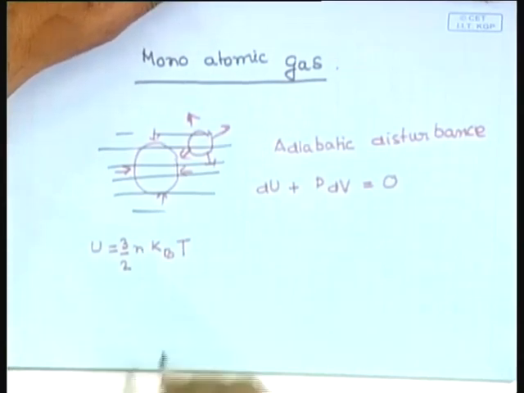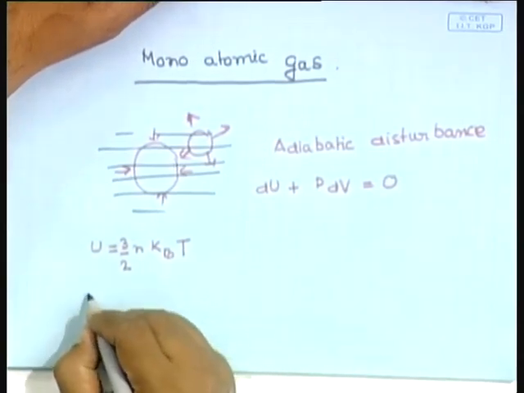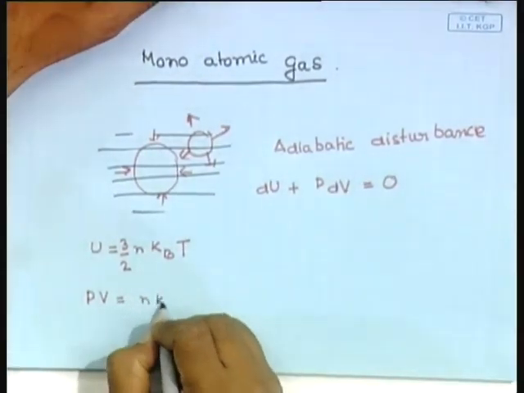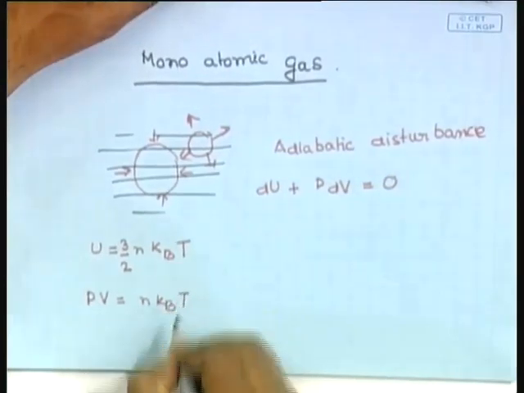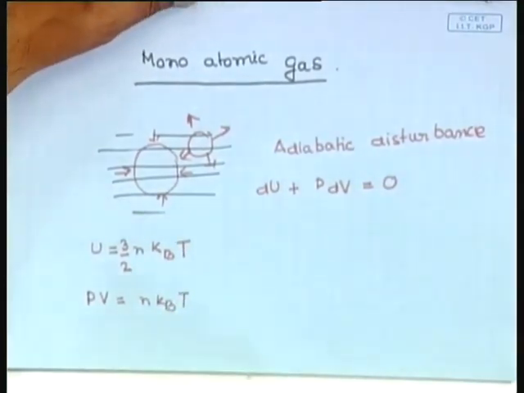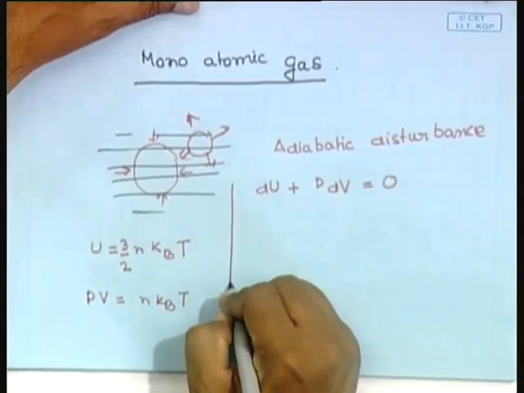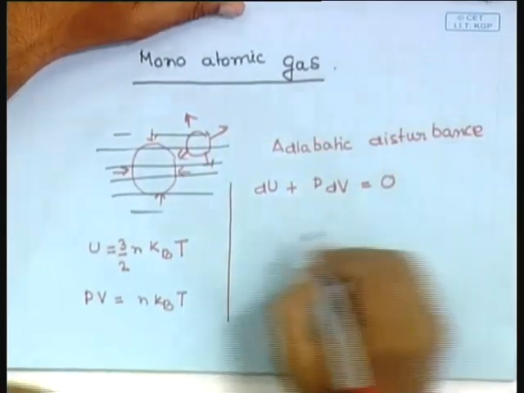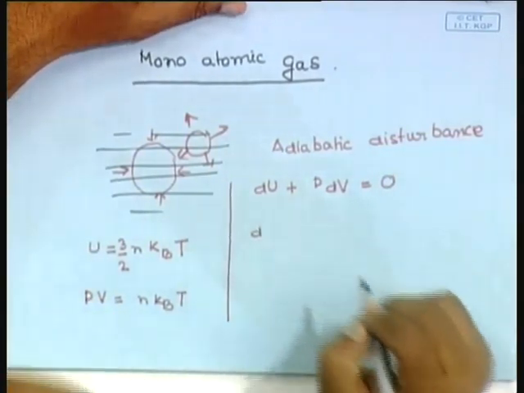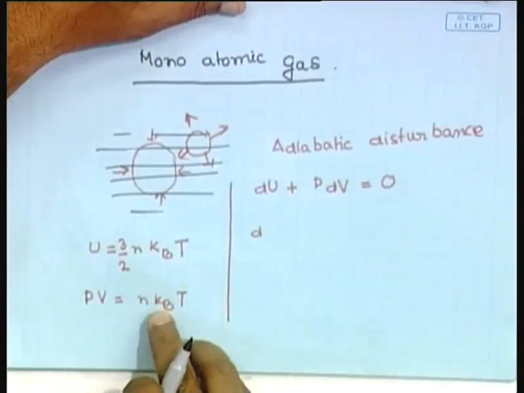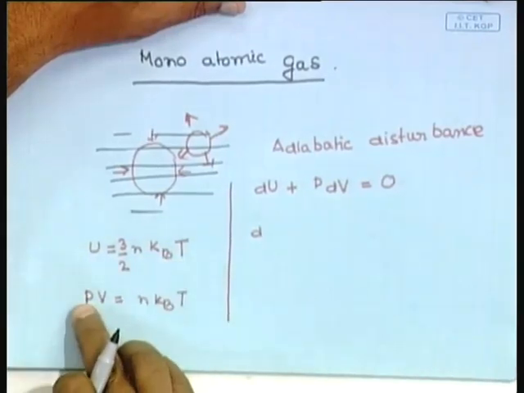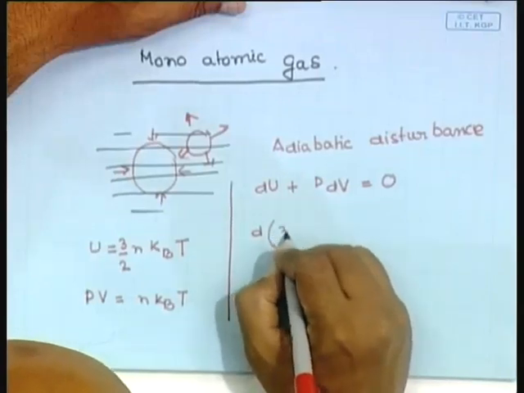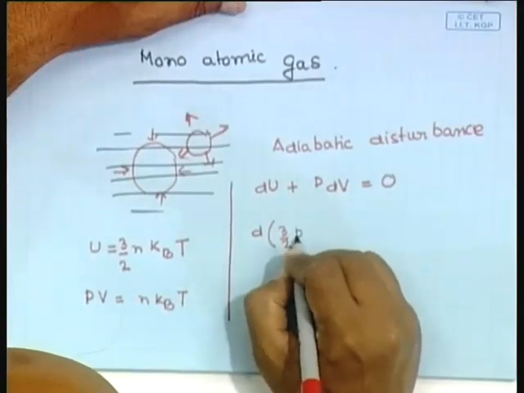We also know that it has an equation of state PV = N k_B T. So with these two things, we can write the internal energy dU. This N k_B T we can write as P times V. So we can write dU as d of (3/2)PV.